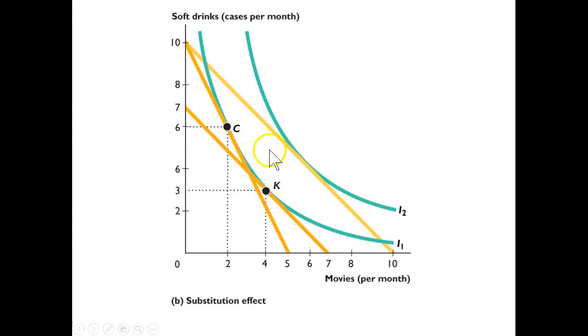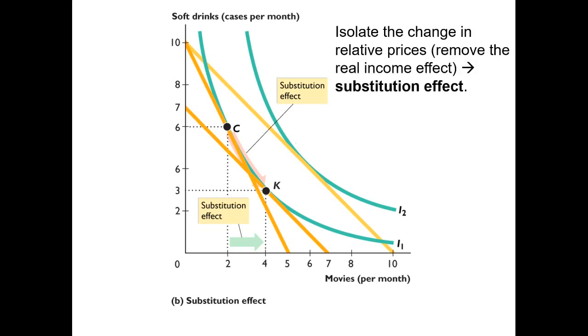We're saying that if movies were relatively cheaper than before, but the consumer couldn't afford to buy more of both products, then they would simply switch between soft drinks and movies. So we get a substitution effect. So we get an increase in the quantity demanded of movies, which is simply due to changing the slope of the budget line. That is simply due to a change in relative prices.